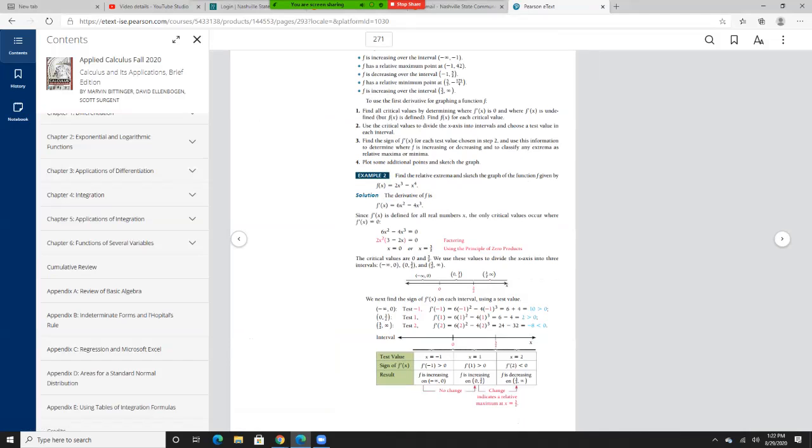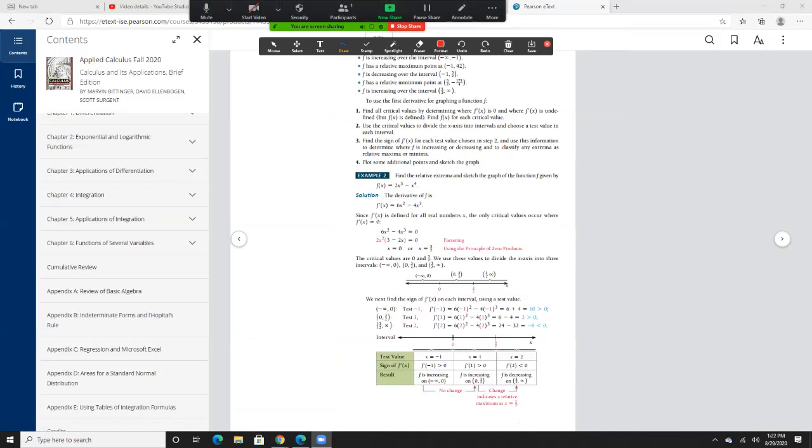So let's take a look at example number 2. This time we have another cubic, and it's 2x cubed minus x to the power 4. I apologize, this is a fourth power, this is a quartic.